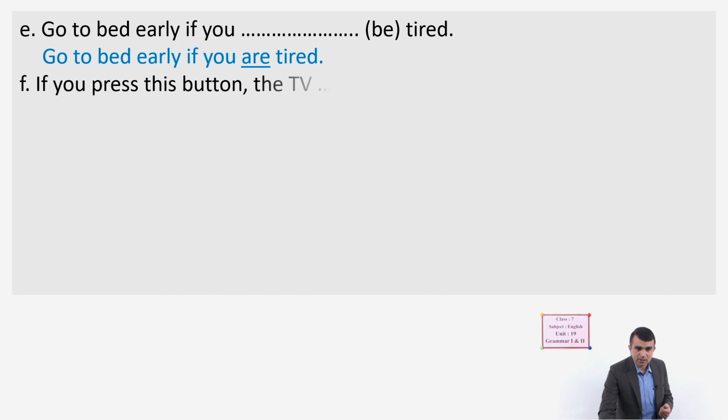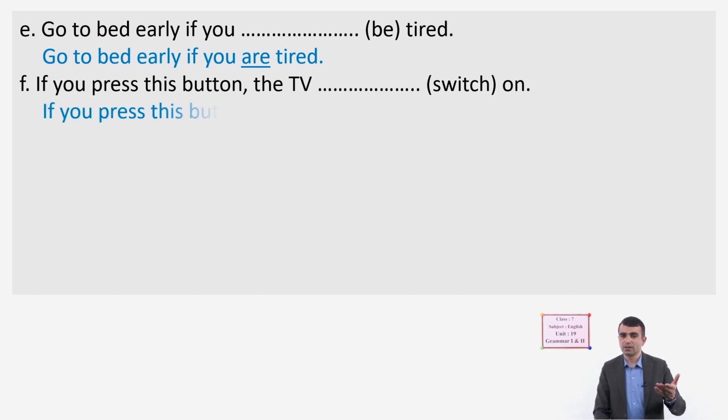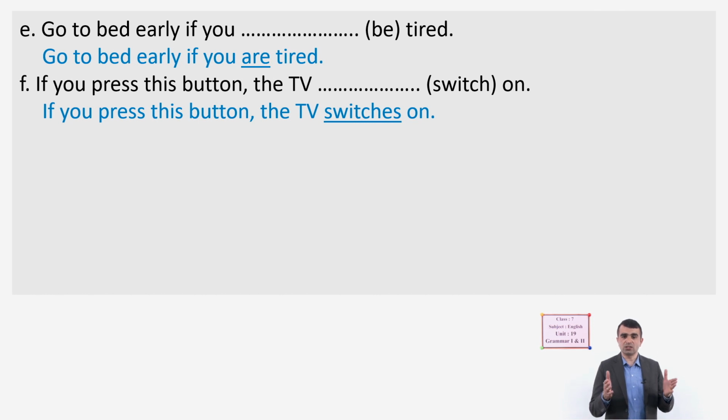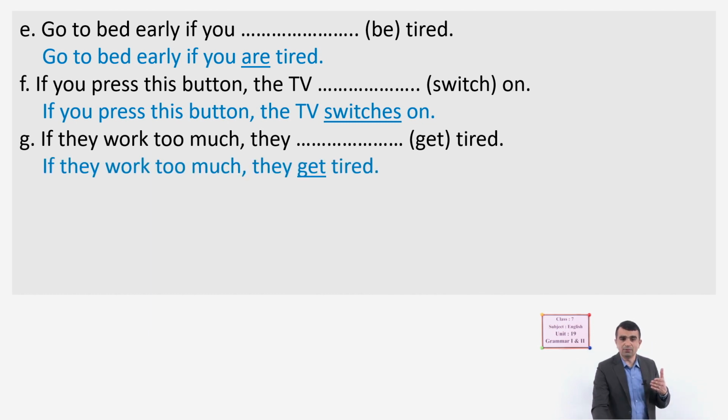F: if you press this button, the TV switches on. What form of verb do you use? Is it so? Next, G: if they work too much, they get tired. What form of verb do you use? They get tired. Good.